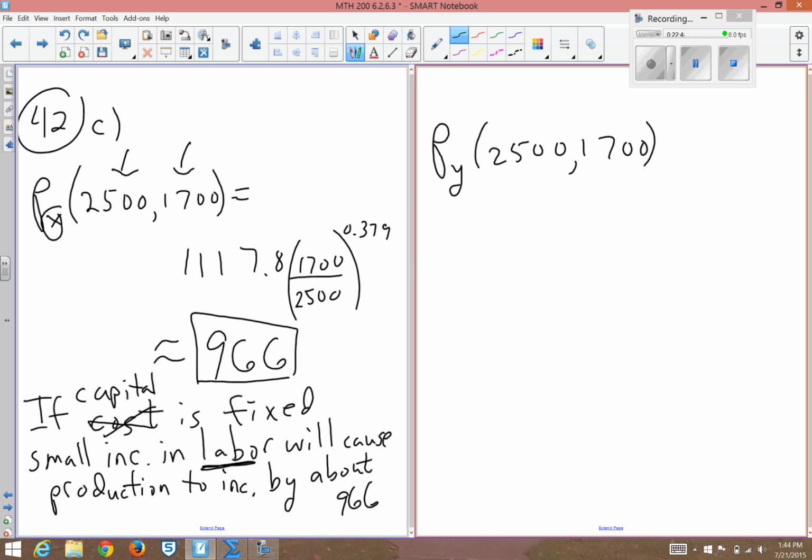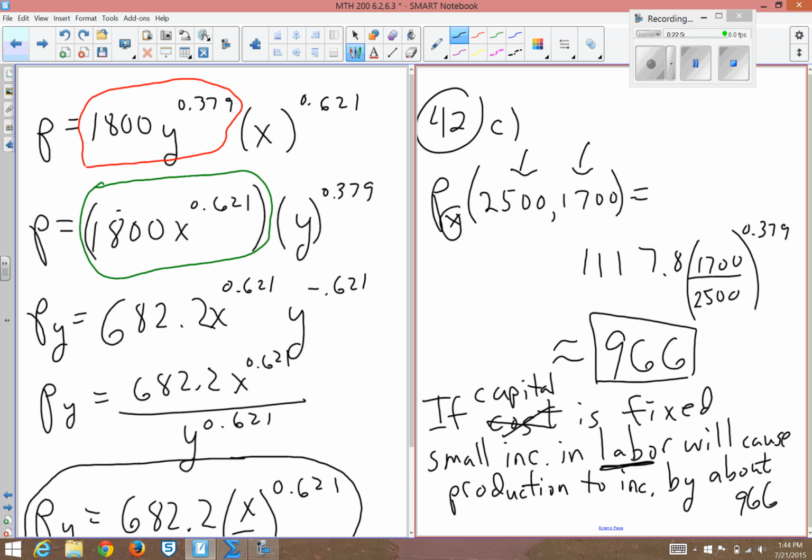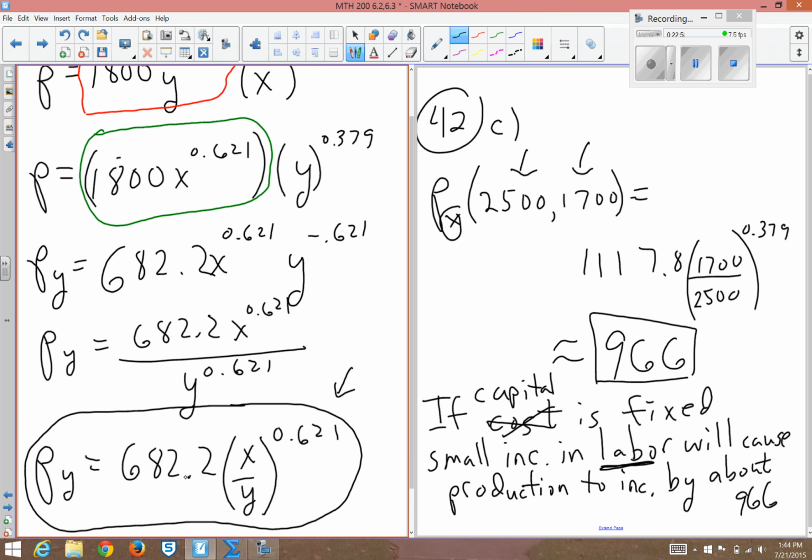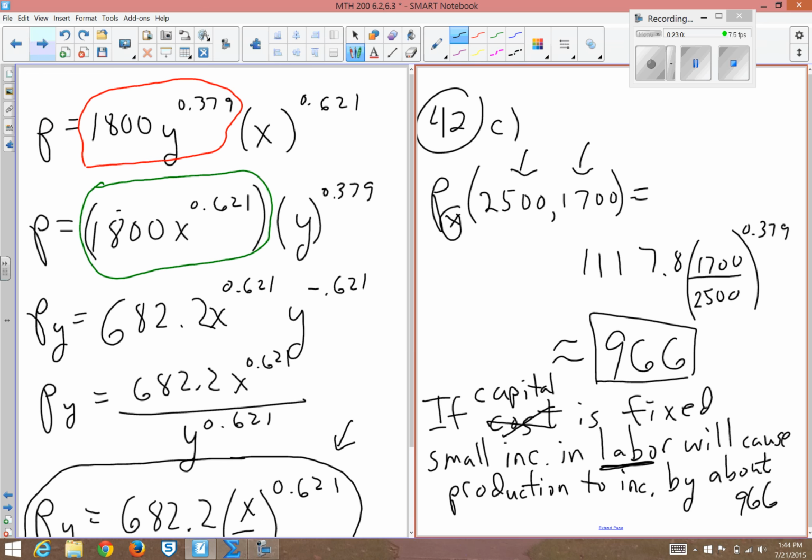So go back and find what that was. That's down there. 682.2 times X over Y raised to the 0.621.